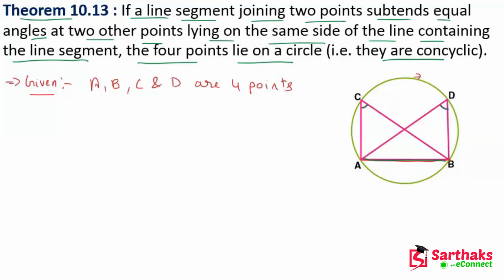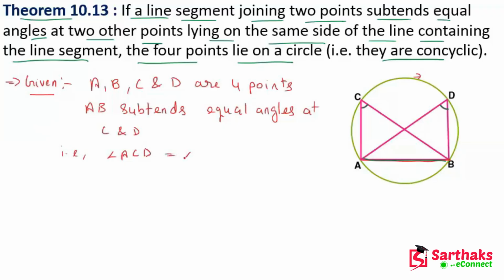AB subtends equal angles at C and D, that is, angle ACB is equal to angle ADB.